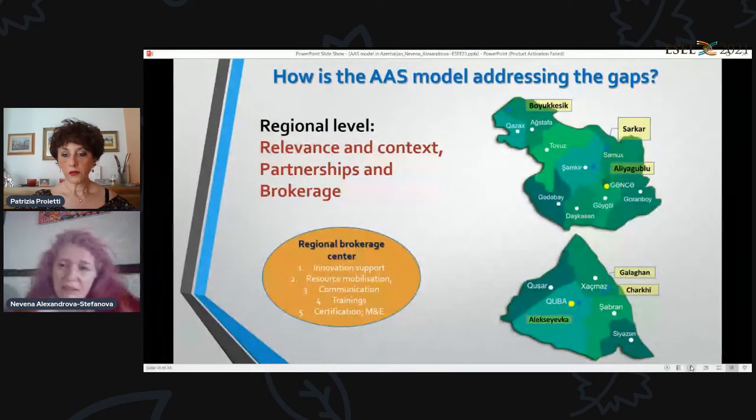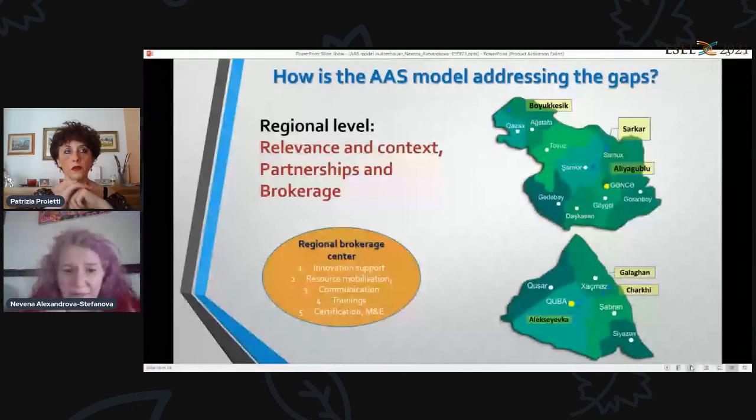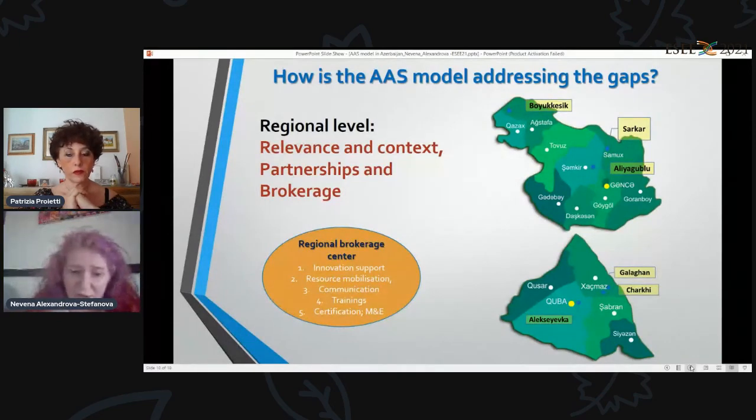We have 2 pilot regions and 1 focus region, and what is really new here, except for mirroring certain activities and mechanisms at national level, like regional strategy development and regional groups that are going to discuss the programs, is that we also have a brokerage center, again, not as a structure, but as a function that can be hosted by different institutions to provide innovation support, to act as resource mobilization at the regional level for communication and also training, certification, monitoring and evaluation, and so on.